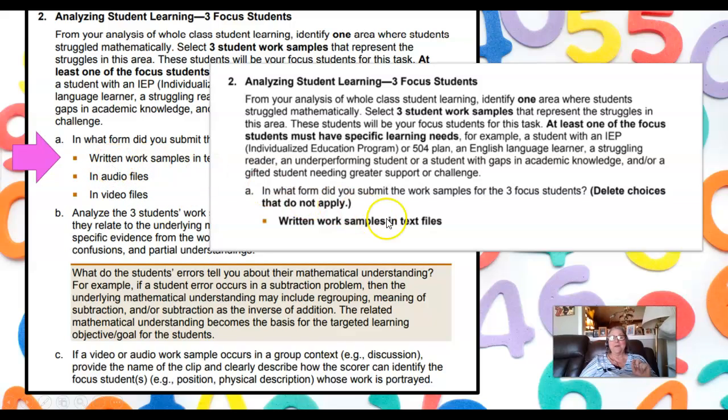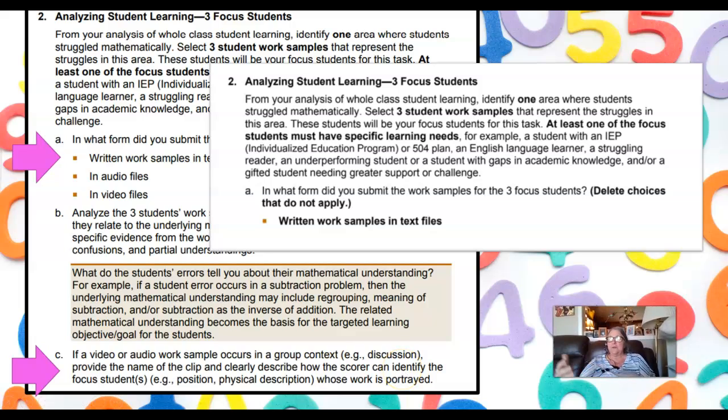Here, this is from Nikki's. She submitted written work samples and text files, so she deleted the other two. I wish that when they did this, they put this as letter B because they really go together. Because here, if you have a video or audio file, you want to provide the name of the clip and clearly describe how the scorer can identify the focus students and whose work is being portrayed.